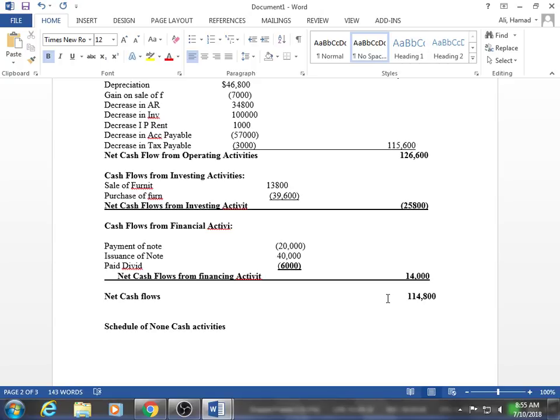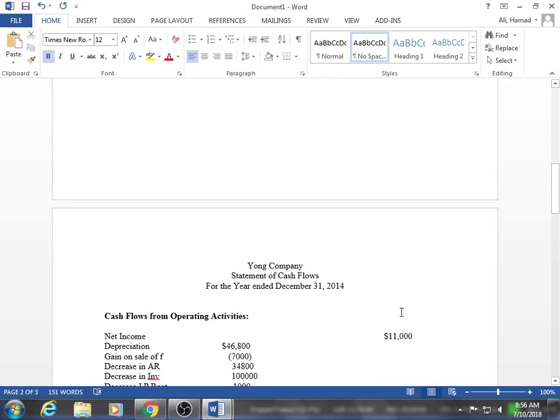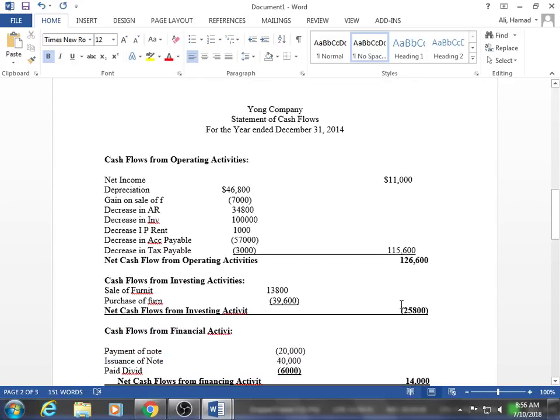Yeah, conversion of bonds into common stock, correct? Conversion of bonds into common stock. How much was the total? $100,000.